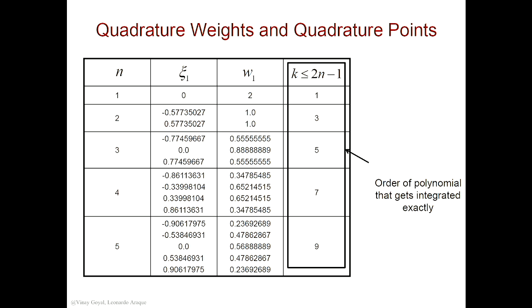So if I have a linear polynomial, it will integrate that exactly. If I have a cubic polynomial with 2 sampling points, I get the exact value of that integral. Isn't that amazing? With 3 points, I get up to a quintic polynomial integrated exactly. It's a very powerful method.